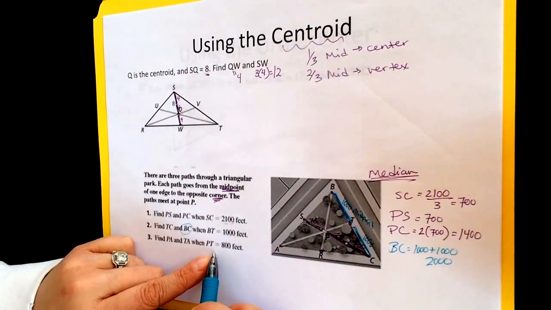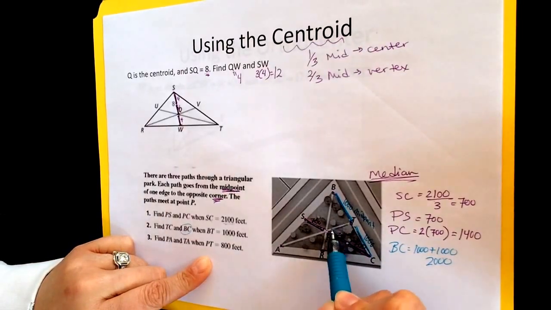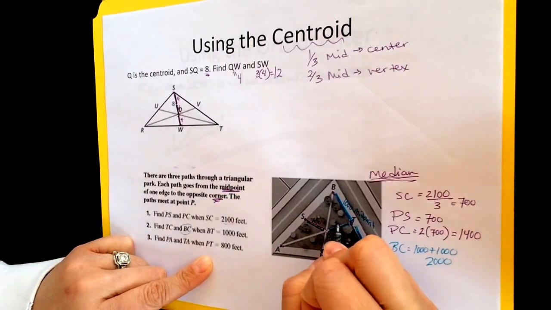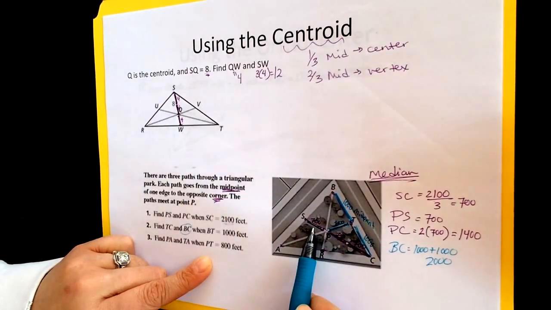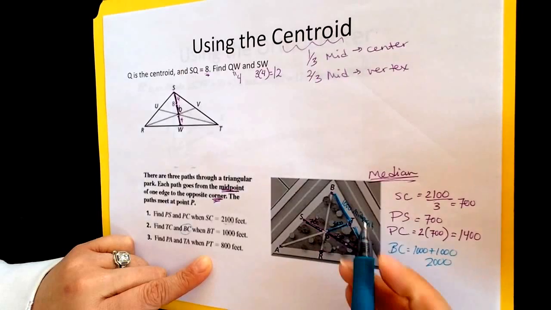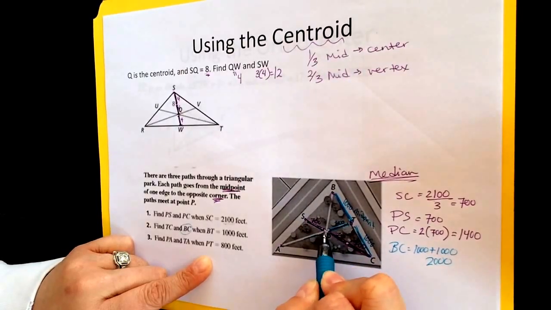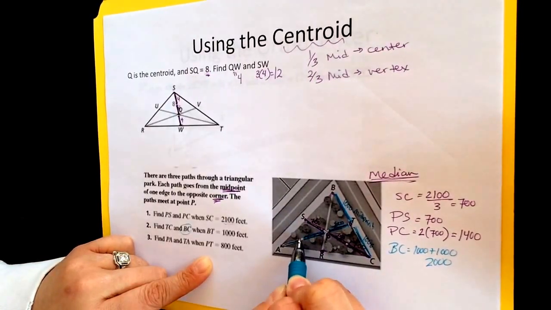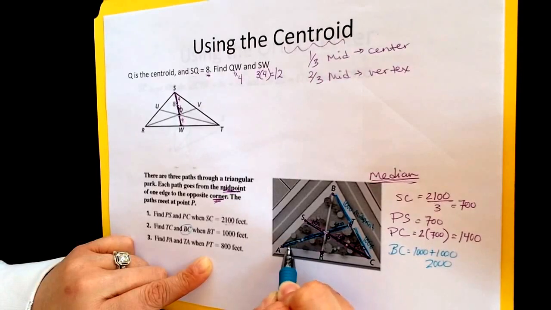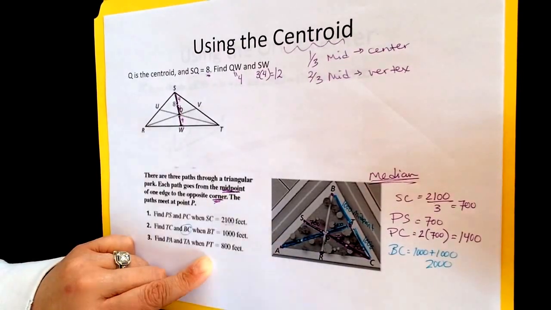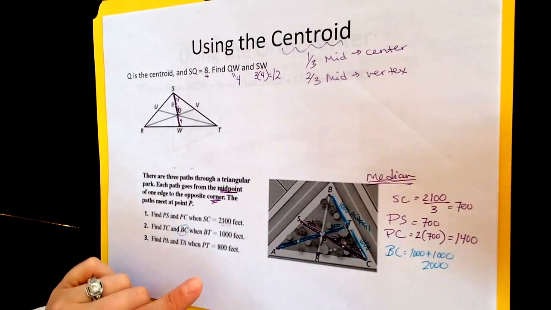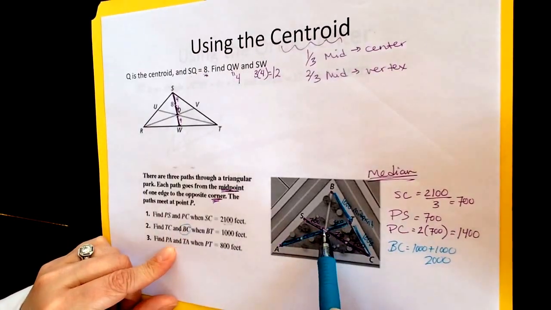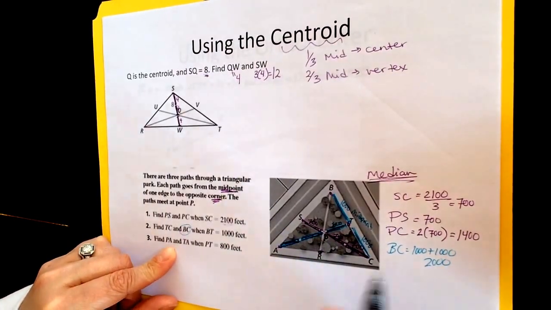All right, and then they tell me that PT is right here. They tell me that PT is 800 feet. So notice that it's different than the purple one, but that's still part of a median. So I want to split this median up into 3 congruent pieces. So there's 1/3. Here's another third. And this would be my third. So PA, P to A, that's my 2/3 piece.